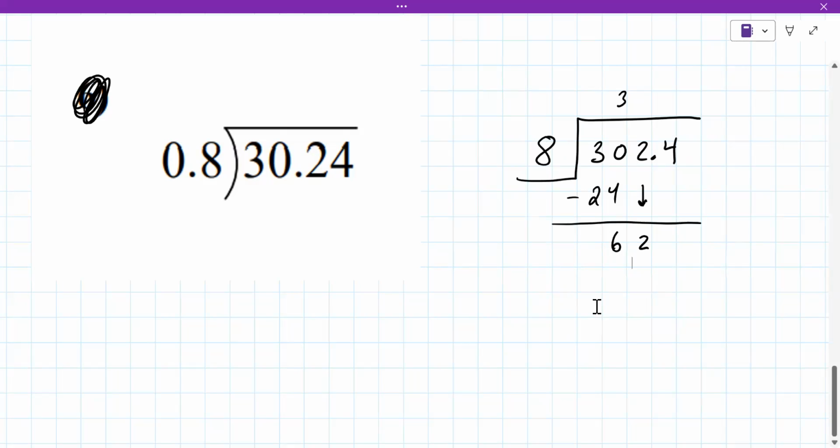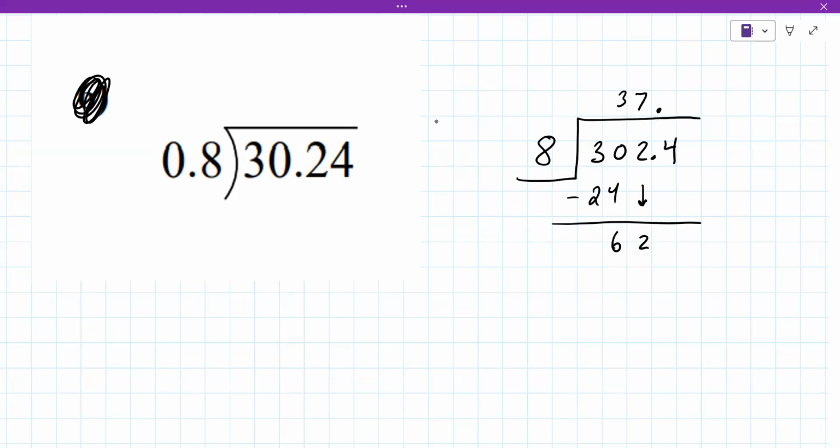Okay. So keep going here. What goes above the 2 now? What goes up here? Let me see. Because my answer is definitely wrong. How many times does 8 go into 62? 8 can go into 62 7 times.